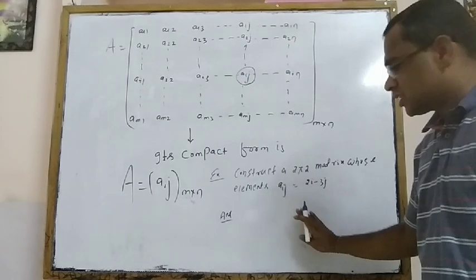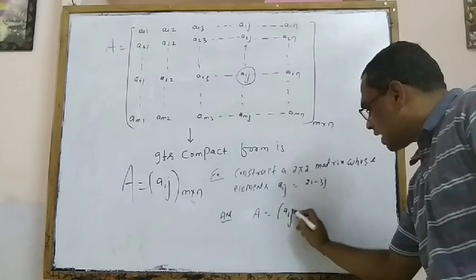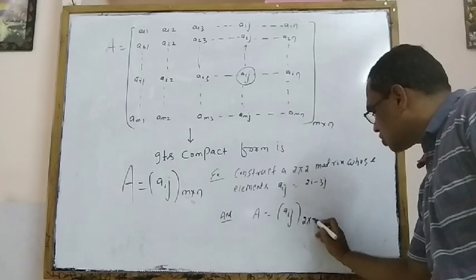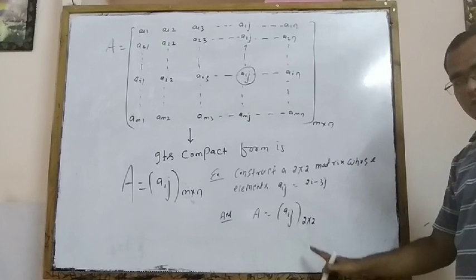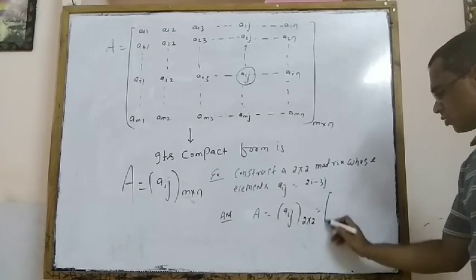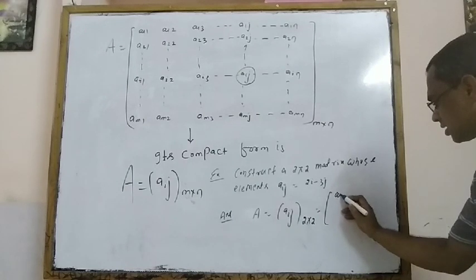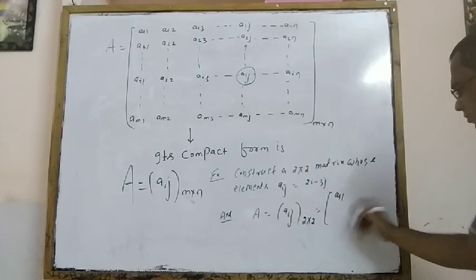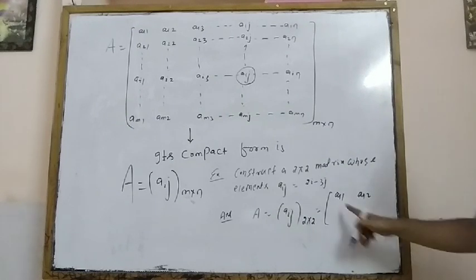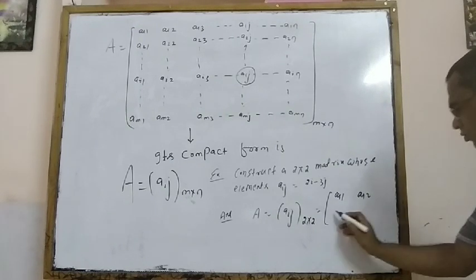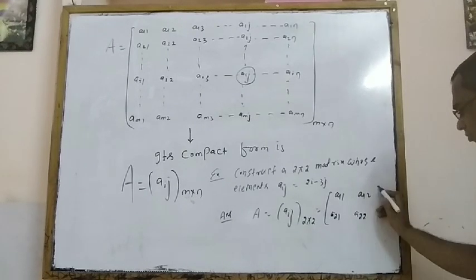First we write the matrix in compact form. Its compact form is Aij of order 2 cross 2, which means we make a matrix having 2 rows and 2 columns. In expansion form, we write A11, A12, A21, A22.